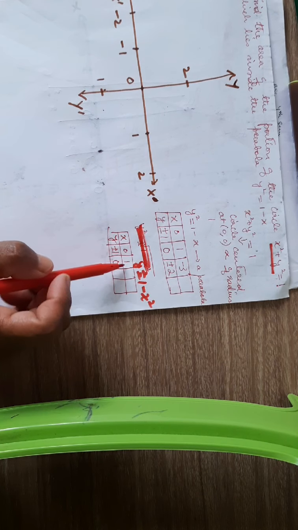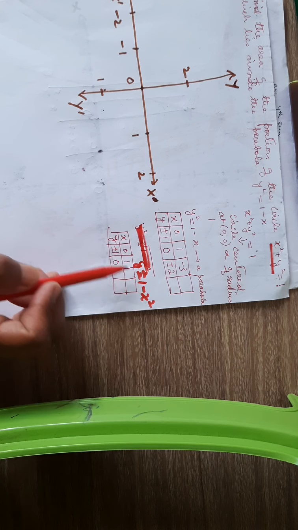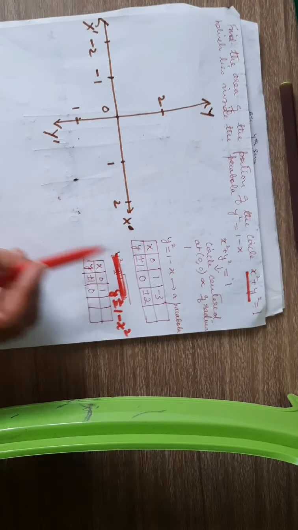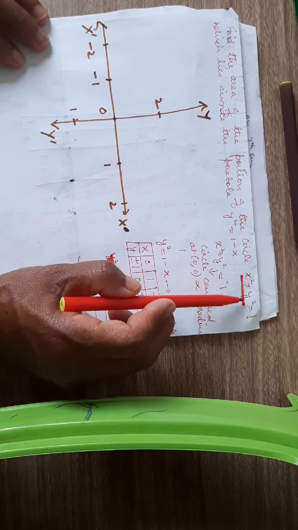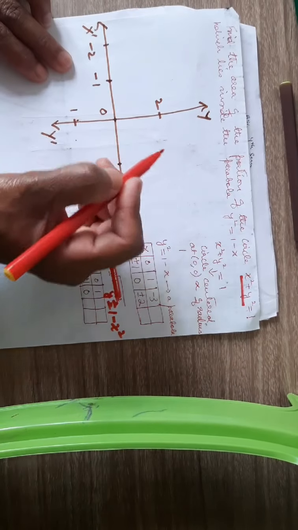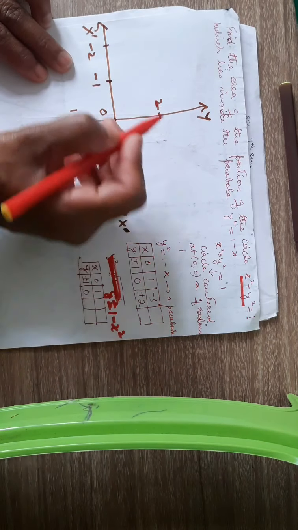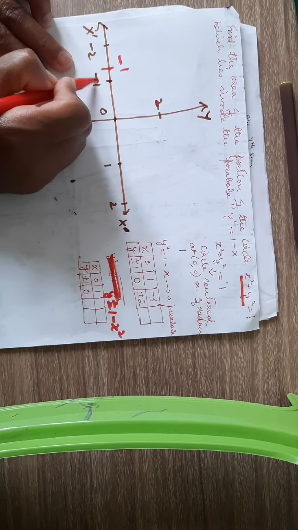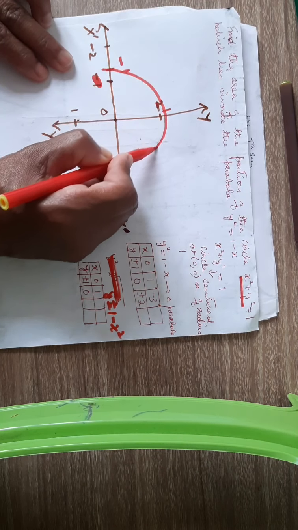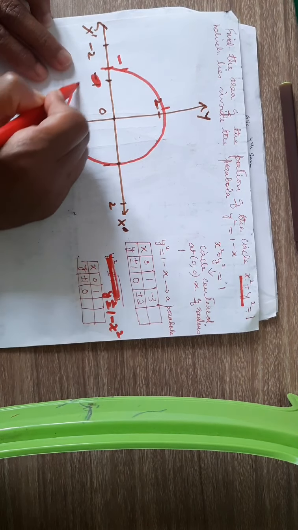And if you plot this, when x is equal to 0, y will be plus or minus 1. When x is equal to 1, y will become 0. And since it represents a circle centered at the origin and of radius 1, this is minus 1, this is 1 here. So you can draw this circle like this.